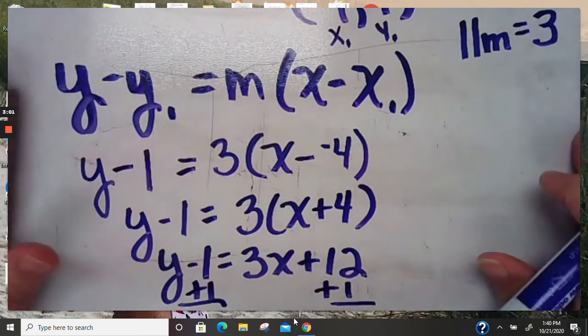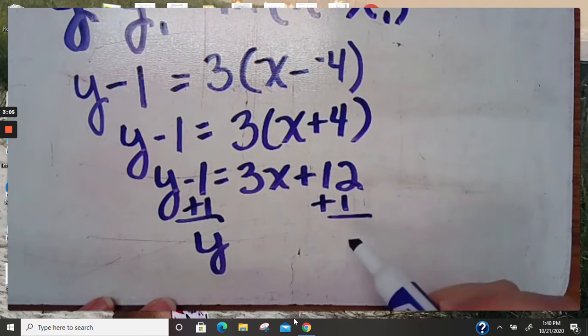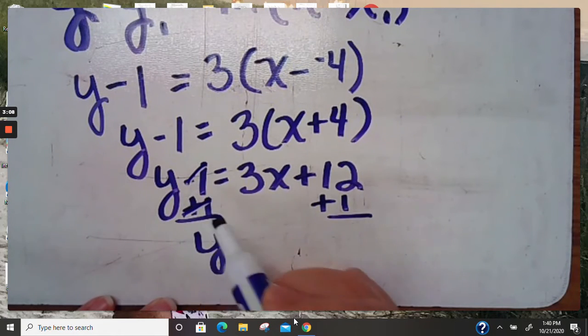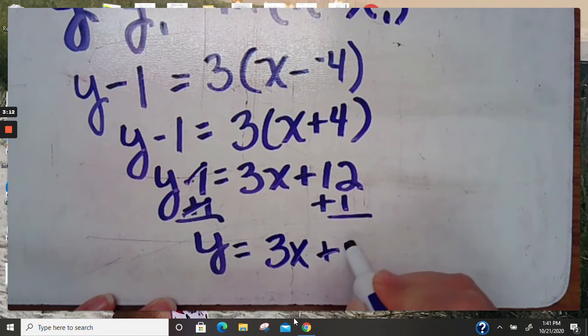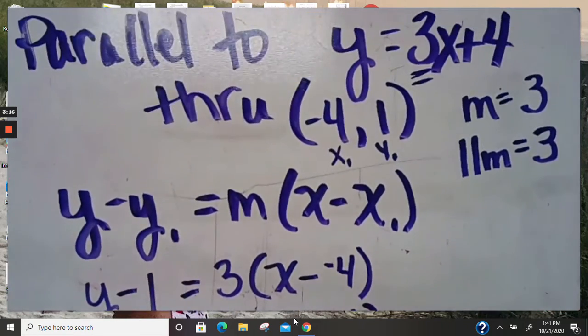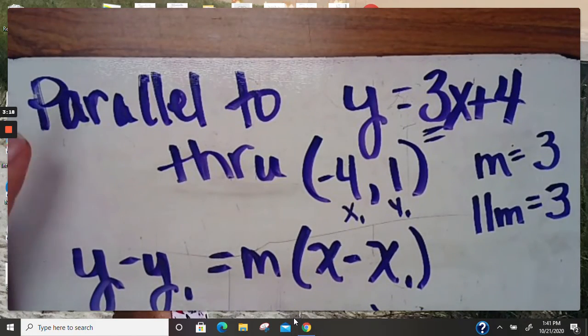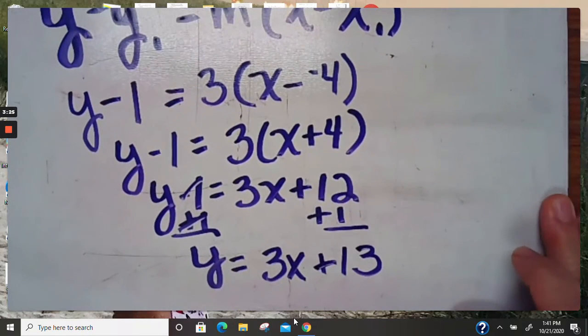Sorry, you can't see. So I'm adding 1 to both sides, these cancel, and I have y equals 3x plus 13. So that is a line parallel to this line, and it runs through this point. This is the equation of that line.